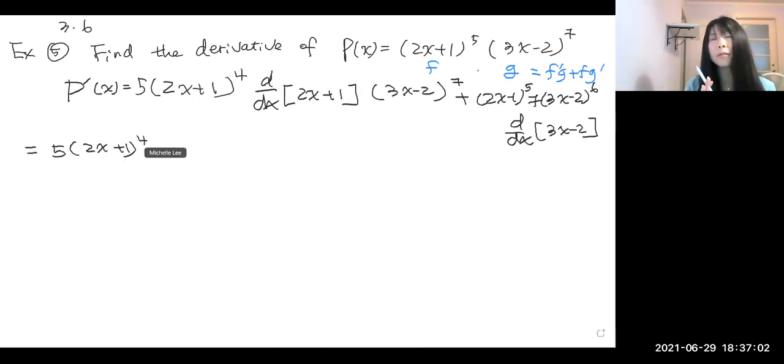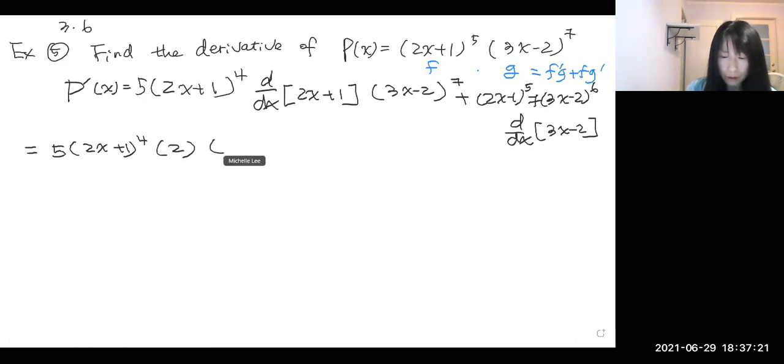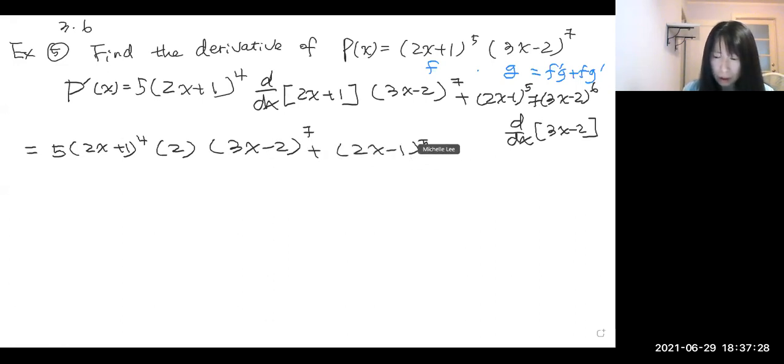Now, the derivative of 2x plus 1, what do you get? It's just 2. Okay. Now we have (3x minus 2) to the 7th power and plus, just rewriting, the 7 should be in front and it's a 5.